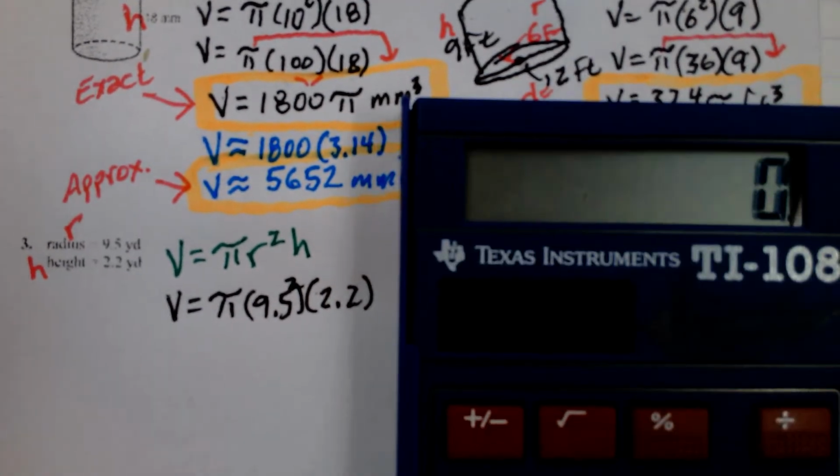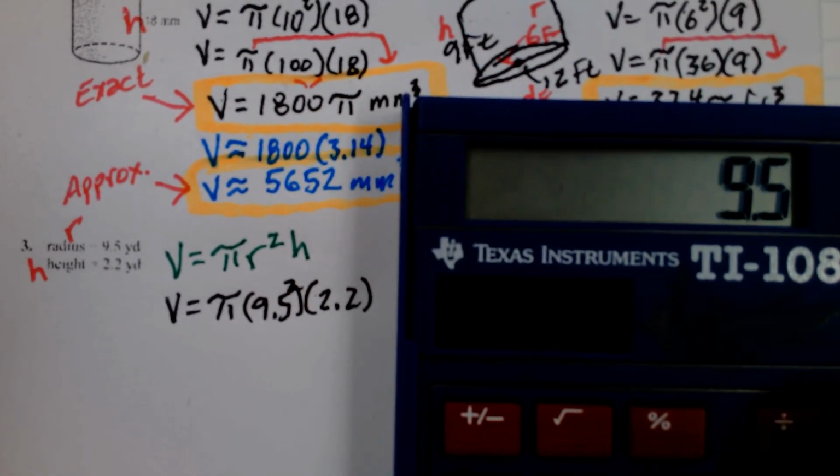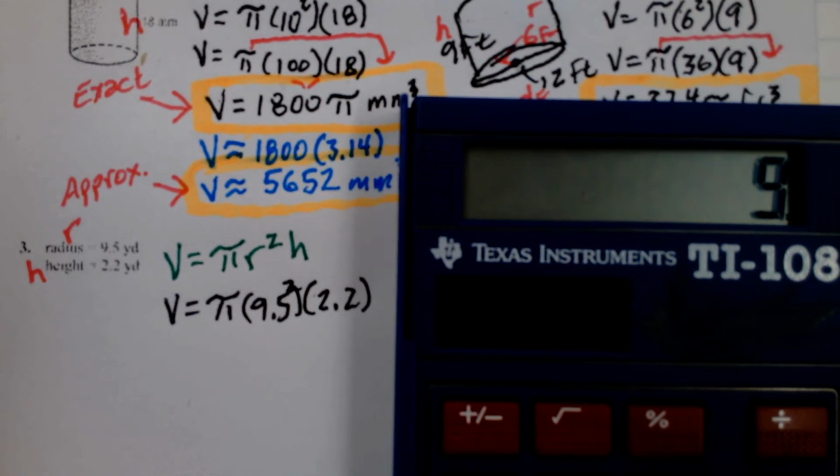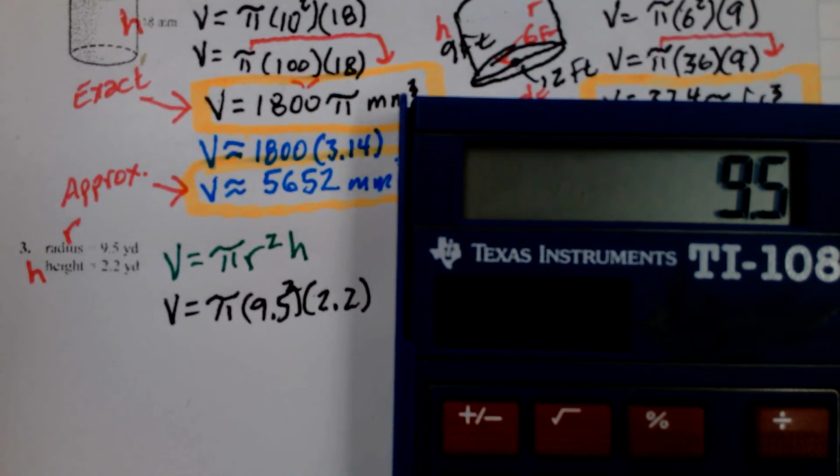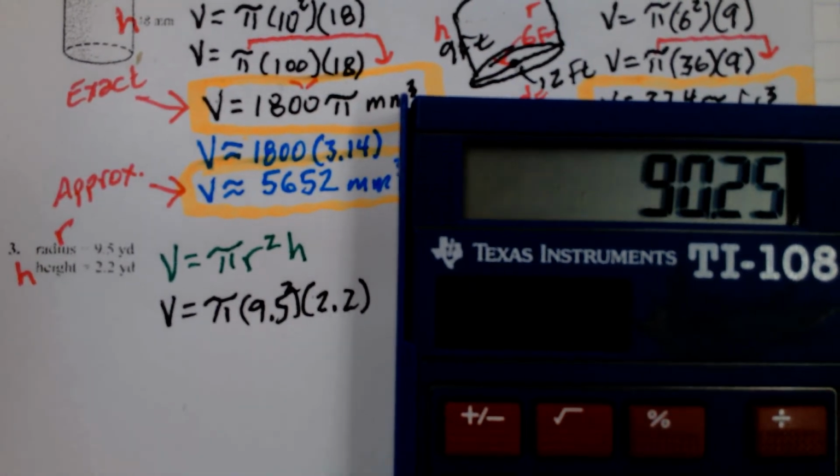I'm going to let the calculator do the work. 9.5 times 9.5. And that makes sense as an answer. You know how I know that makes sense? 9.5 is almost 10. And 10 times 10 is 100. So my answer should be between 81, 9 times 9, and 10 times 10, 100. And that's definitely an answer that fits the bill. So 90.25.